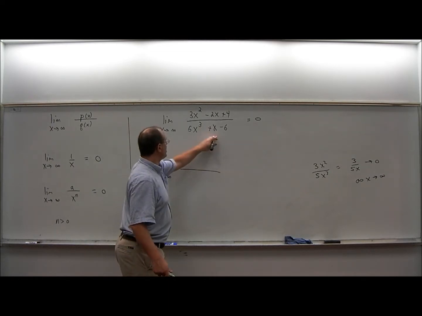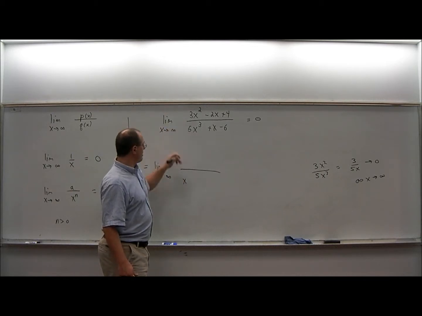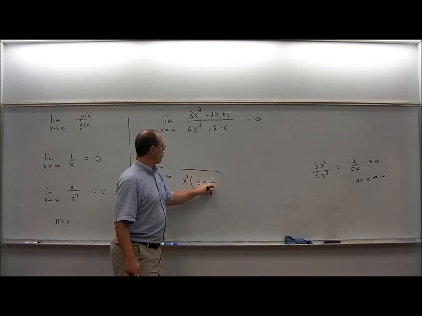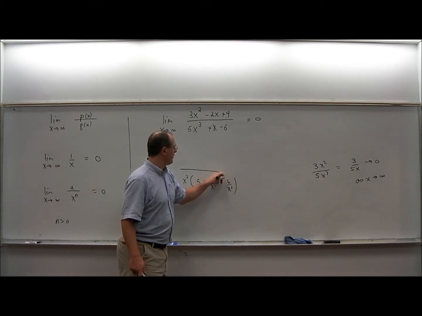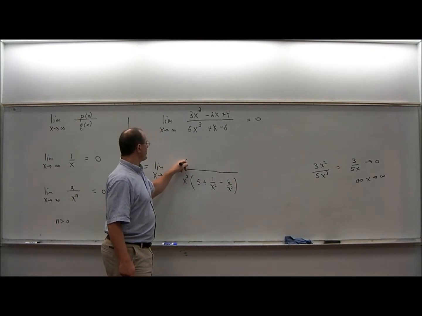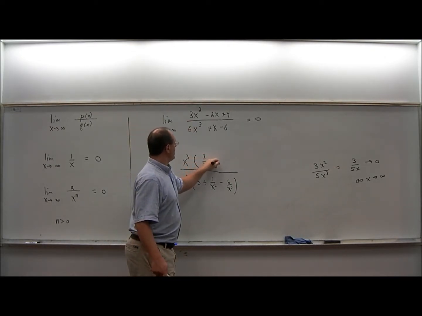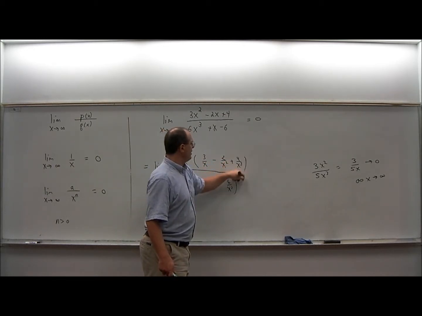Let's factor x cubed from every term in the problem, from the numerator and the denominator. So in the denominator, x cubed times 5 plus 1 over x squared minus 6 over x cubed. And in the numerator, factor x cubed. Then you have 3 over x minus 2 over x squared plus 4 over x cubed.